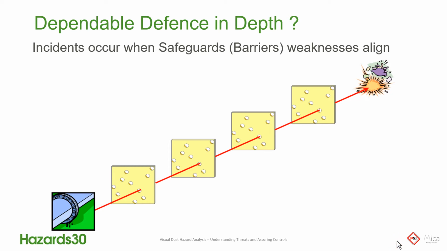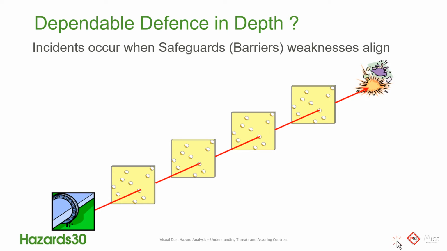So this is the familiar Swiss cheese model. So we like to think between losing containment and actually suffering or experiencing the consequences or the harm, that we have multiple measures in place, protection measures, whether they be prevention or mitigation.